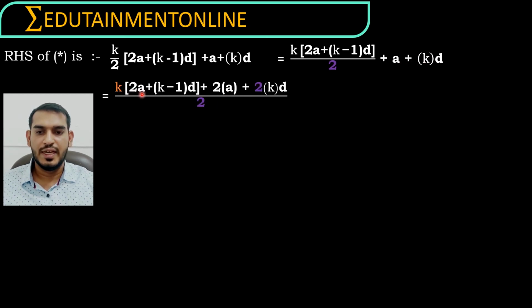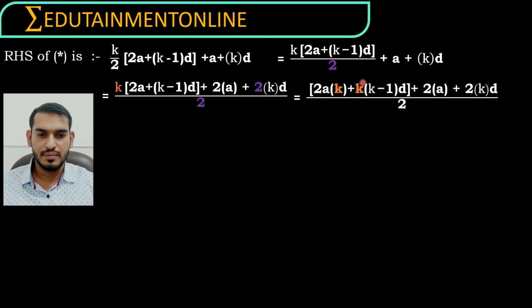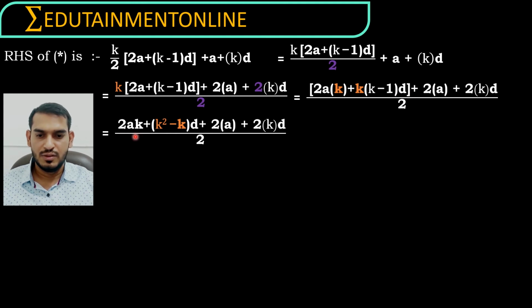So this will be k into 2a plus k minus 1 into d plus 2a plus 2kd, all by 2. Now multiplying with k, that will be 2ak plus k into k minus 1 into d plus 2a plus 2kd. Again multiplying with k inside, k into k is k square and k into 1 is minus k, into d. So that can be written as 2ak plus k square minus kd plus 2a plus 2kd.